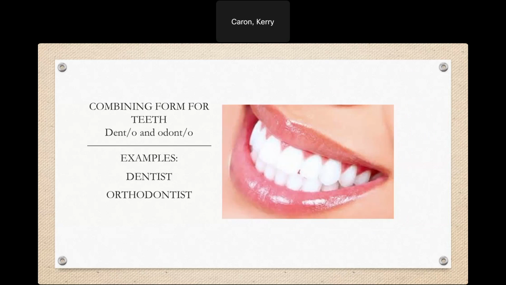Dento and odonto refer to the teeth. So a dentist, specialist of teeth. Orthodontist, specialist of straight teeth, ortho is straight. So that odonto is in the middle there.